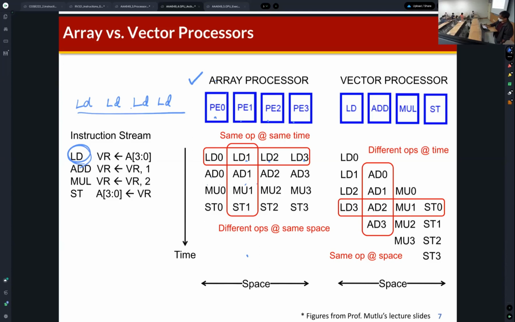And then the architecture of the GPU is similar to the array processor, not the vector processor. GPUs have multiple execution engines, and these engines execute the operations of different elements of vector type data. So this architecture of the GPU is similar to the architecture of the array processor.